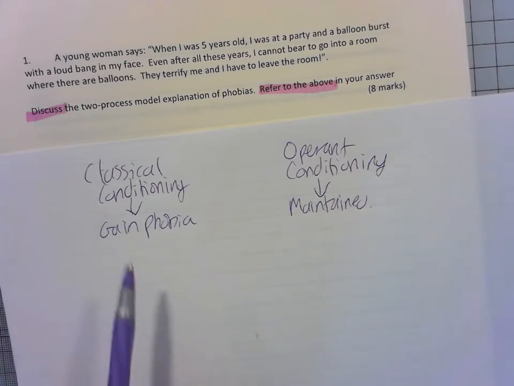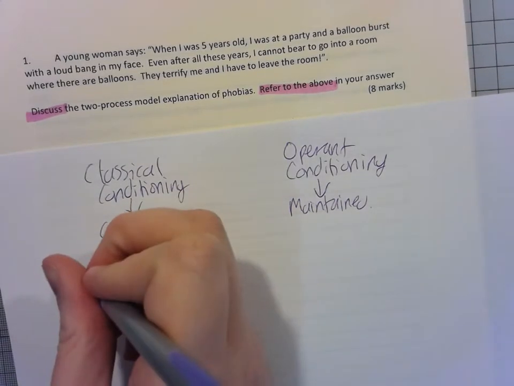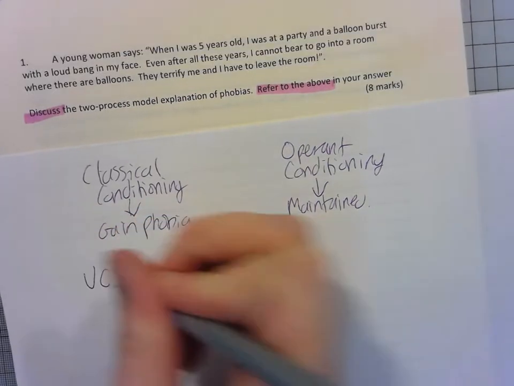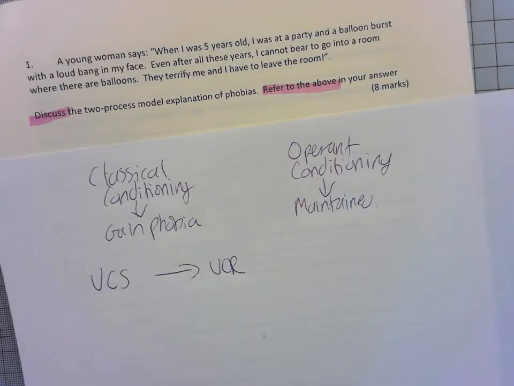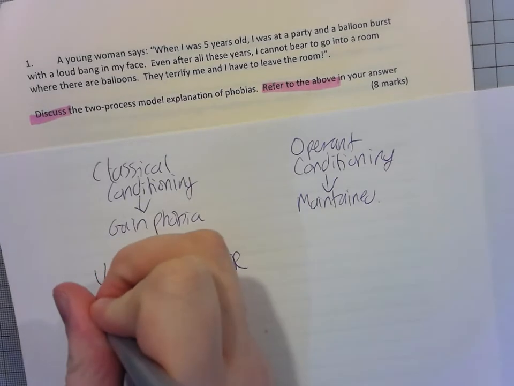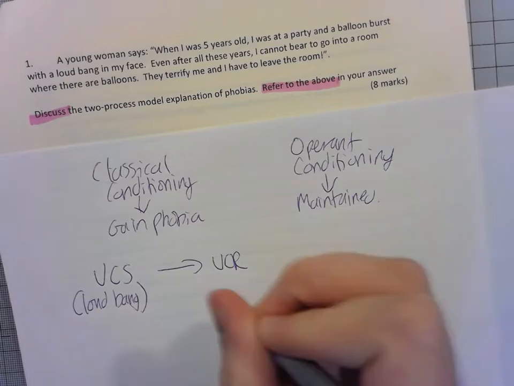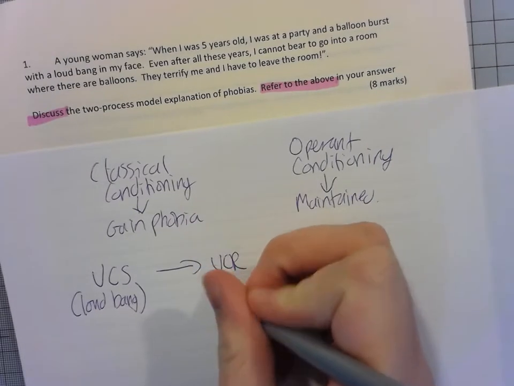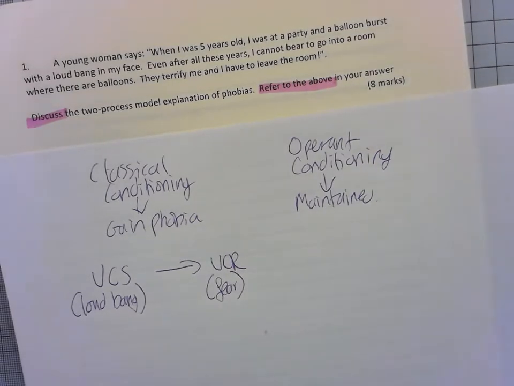So, during classical conditioning, an unconditioned stimulus initially causes an unconditioned response. In this case of our young woman, the UCS is the loud bang, and the UCR is fear. So naturally, she's scared of loud bangs.